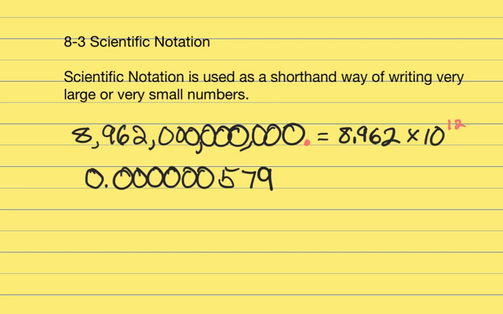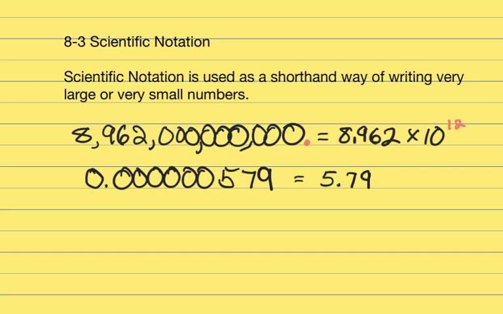When I look at the bottom number, once again, I'm going to place the decimal after the first non-zero digit in the number. For this number, the 5 is the first non-zero digit. So the decimal goes after the 5, and that's how I wrote it over here.